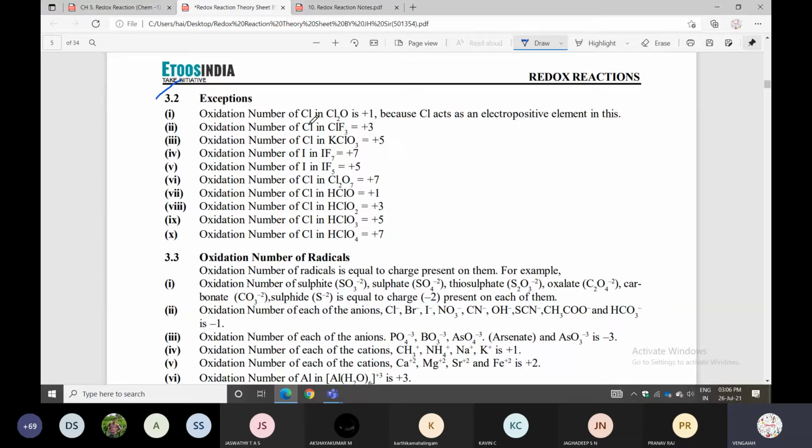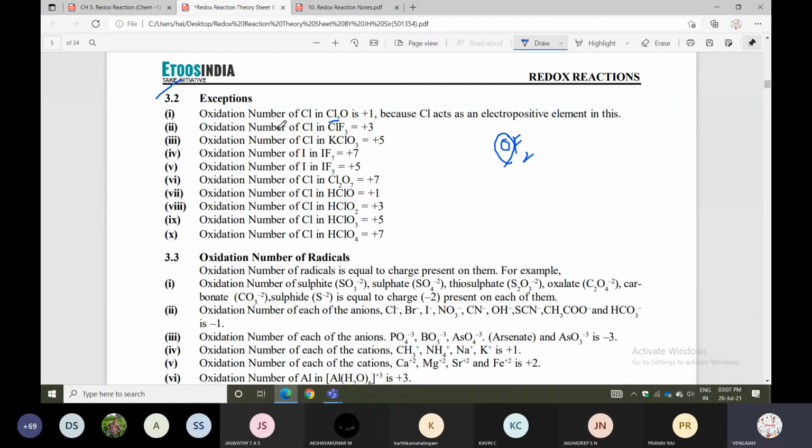Listen carefully. In the Cl2O condition, chlorine is electropositive. Actually, chlorine is an electronegative element, but compared with oxygen, it is electropositive. Like that. In O2F2 or OF2, oxygen is electropositive, since comparing oxygen and fluorine, oxygen is the electropositive one.